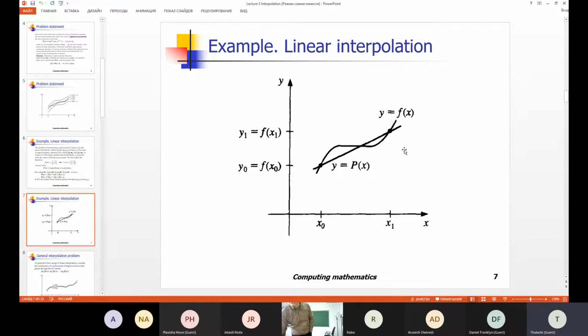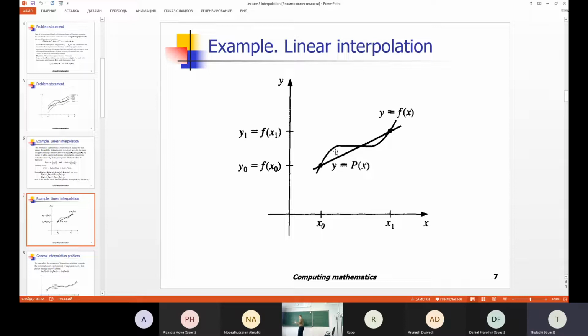Of course, between these points we don't know how the function looks. It may be like this. Extremely many functions can pass through these two points. For example, like this. Or it may be like this. This is another example of a function that passes through these points.